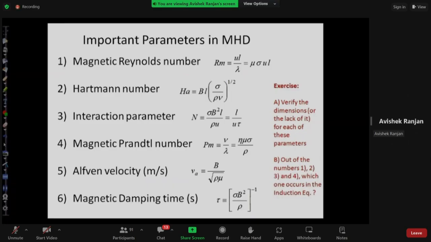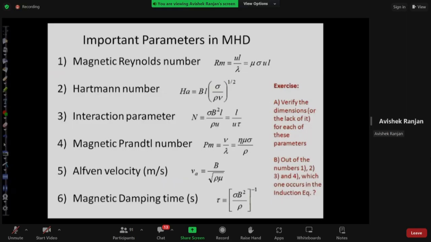And then we can also define the interaction parameter, which is nothing but the ratio of the Lorentz force to the inertia force. We also have something called the magnetic Prandtl number. Since we have a magnetic diffusivity which has the same dimensions as kinematic viscosity, the ratio of these two is called the magnetic Prandtl number. And we have a couple of parameters, called the Alfven velocity, which interestingly has the dimension of velocity, and then the magnetic damping time, which has the dimensions of time.